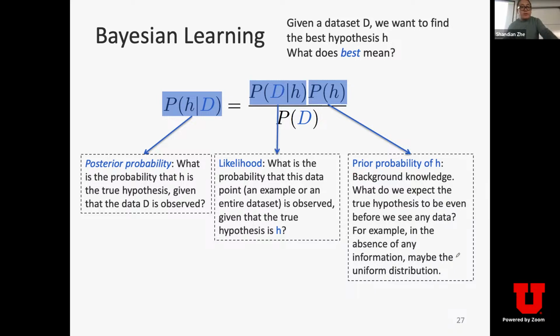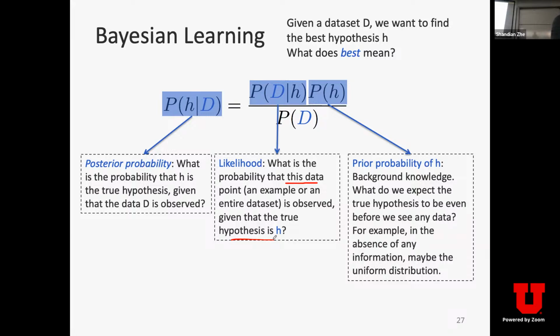And the second term that determines the posterior probability is the likelihood, P of D given H, which measures the probability that this data is observed given the true hypothesis is H. In other words, given your true hypothesis is this particular quadratic function, what is the likelihood you observe our current particular 10 data points?